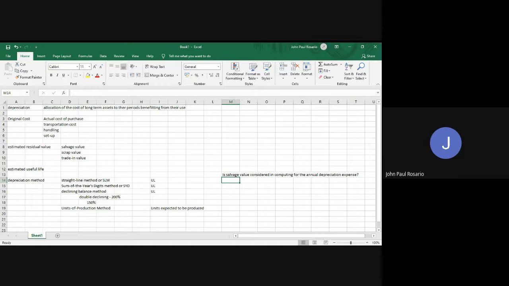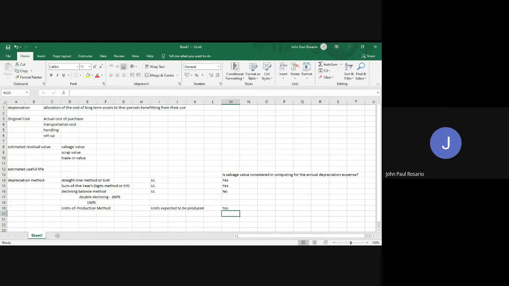For our straight line method, yes, it is considered. For our SYD, yes, it is considered. For our declining balance method, it's not considered. And for our units of production, it's also considered.